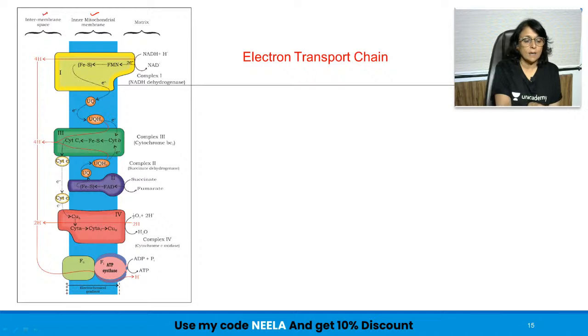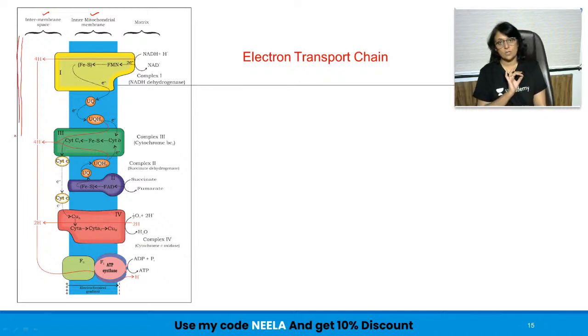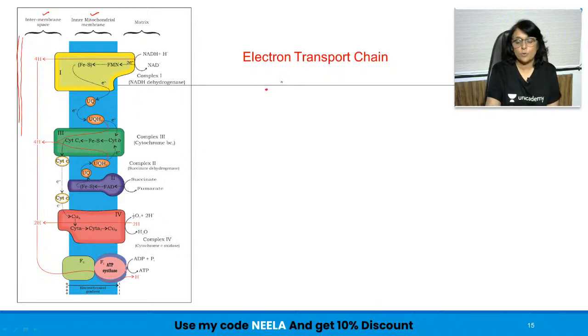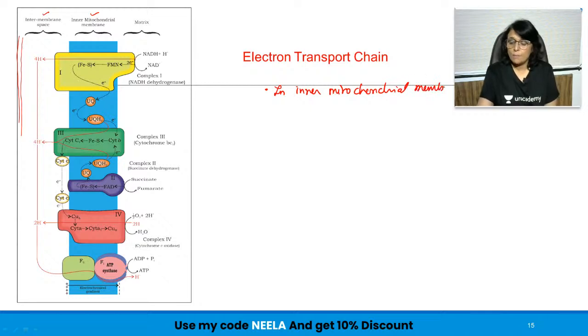This is the membrane space, and somewhere here is the outer membrane. The outer membrane is not shown in this diagram, only the inner membrane is shown. So where does this electron transport take place? In the inner mitochondrial membrane.